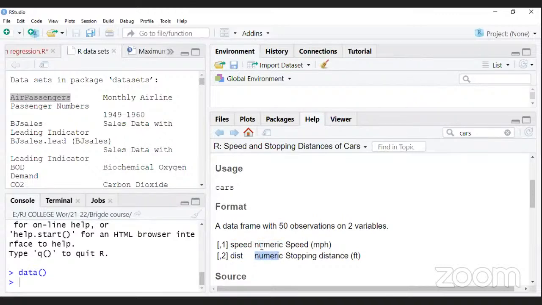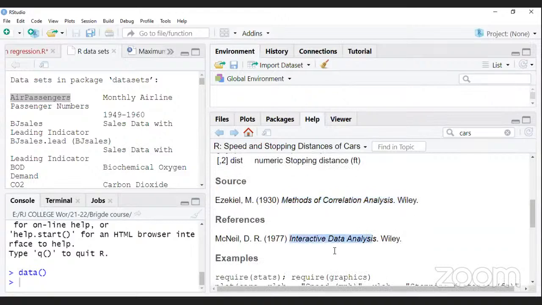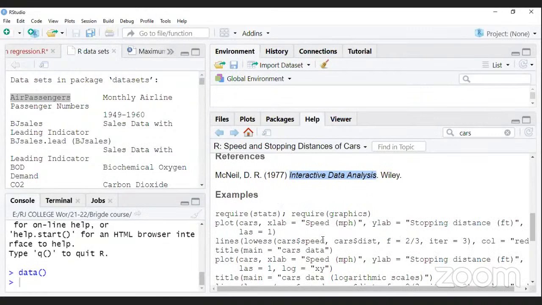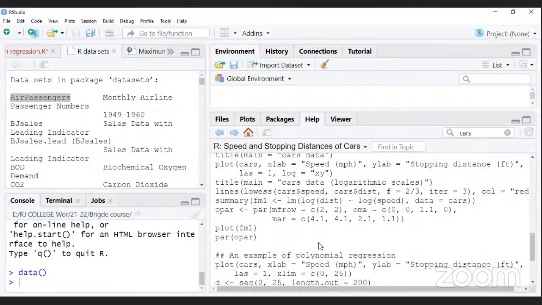Speed is numeric, distance is numeric, and they have given their units in feet and miles per hour. There are some sources from which they have collected these data, and they have given certain programming for that.